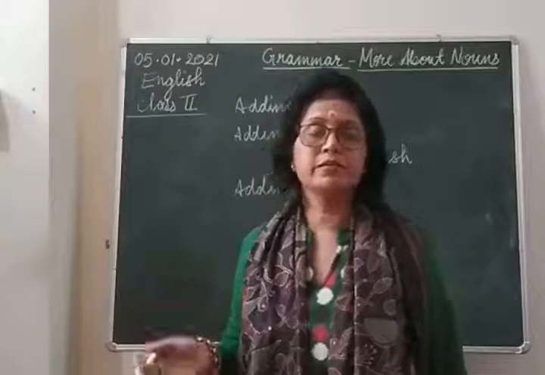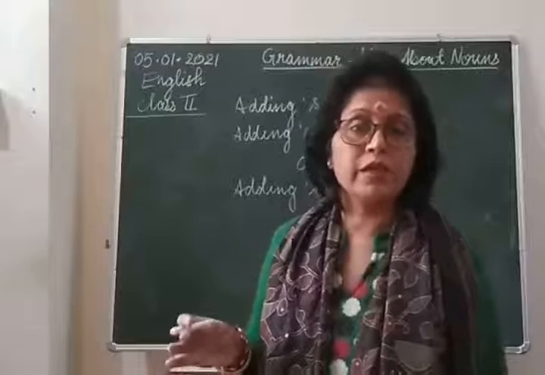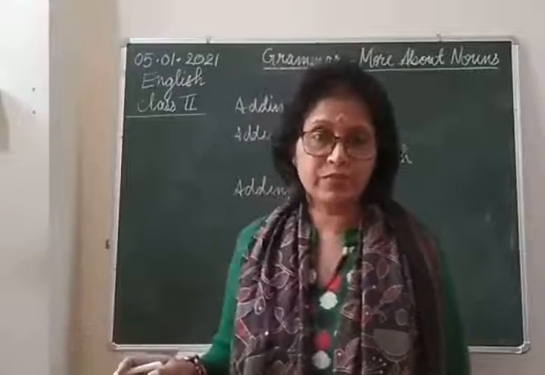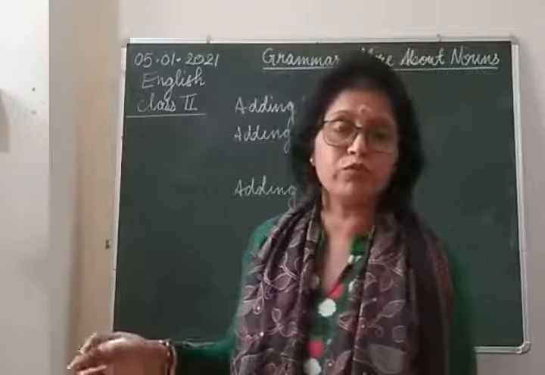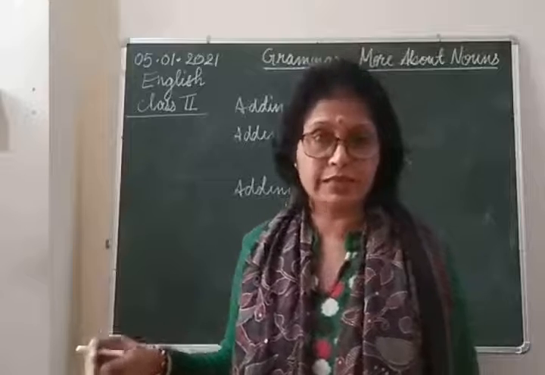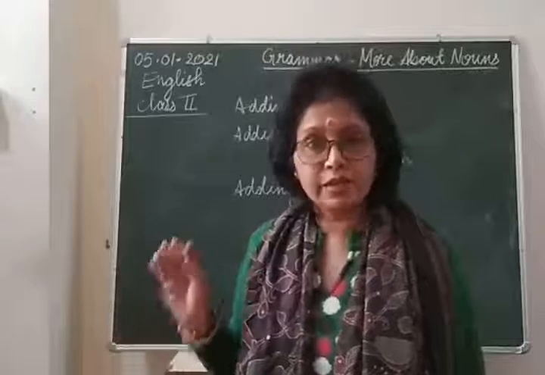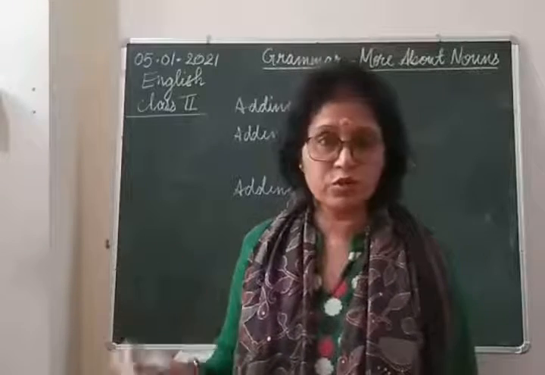If the letter just before y is a consonant, then you have to replace y with ies. You have to replace means you have to remove y, and in place of y you have to write ies to make it plural. But the condition is the letter just before y should be a consonant.